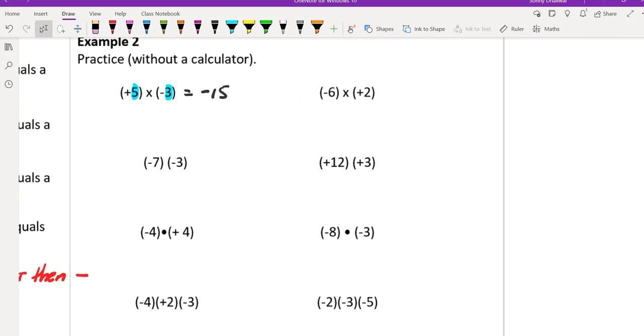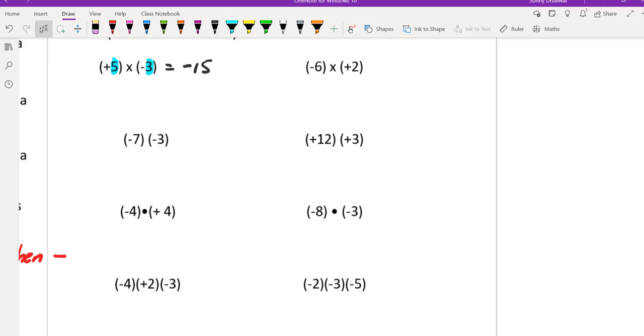Okay. Now, multiplication is a unique symbol. I'm not sure if unique is the right word. There's lots of ways multiplication can look in mathematics. You may be used to having the x between two numbers. That means to multiply.